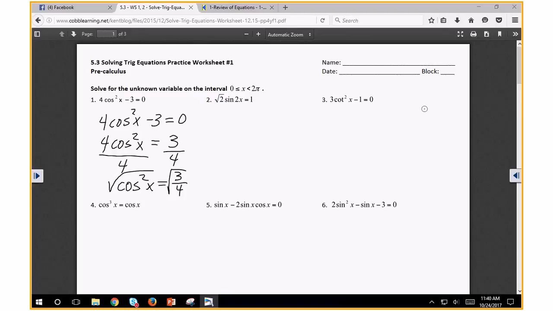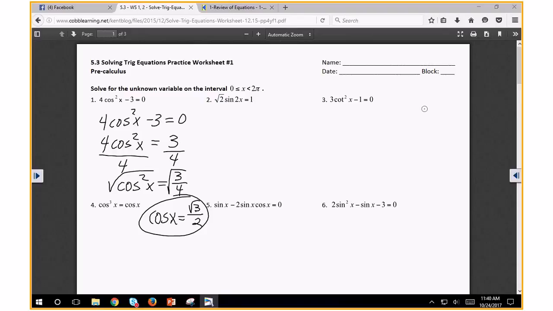And cosine of x is equal to the square root of 3 over 2. Now what do you do then? Cosine of x is equal to the square root of 3 over 2. Well, that's a special what? That's a special angle, Hubert.